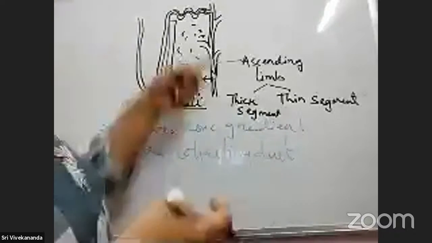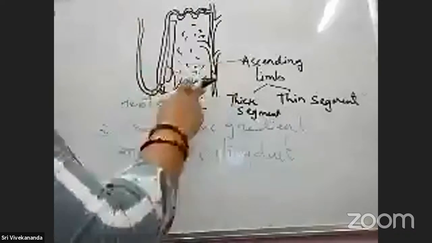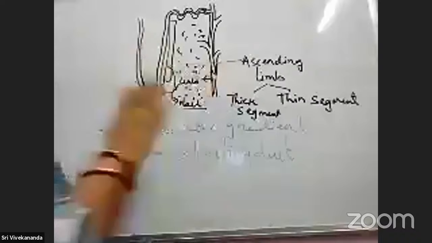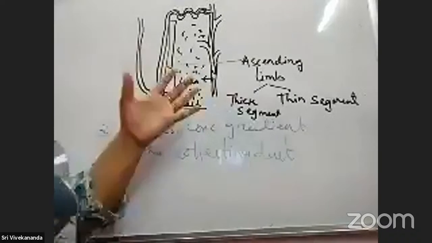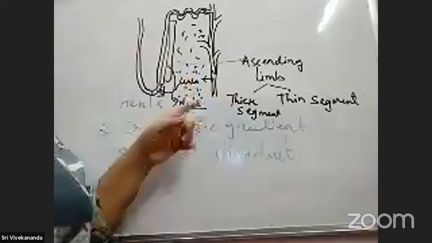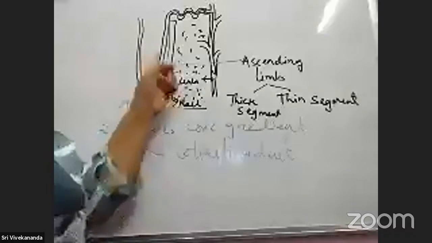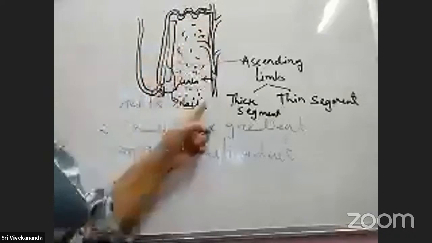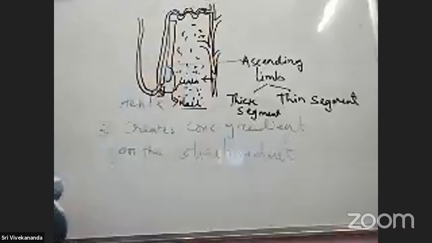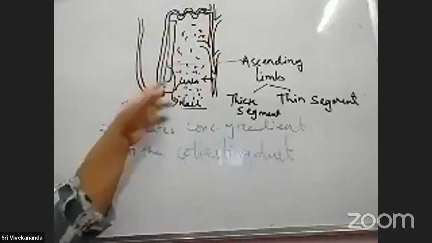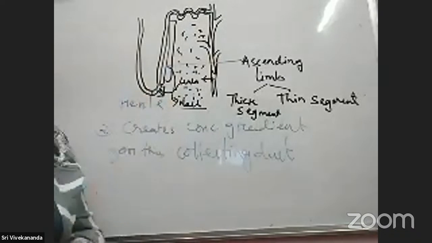So every time the filtrate comes, a small amount will be coming out. Clear? So this is called the urea cycle. This is a cyclic process by which the urea comes out of the collecting duct, enters into this segment, goes like a filtrate, and again comes back. So it keeps circulating in this whole area of the tubules, the collecting duct as well as the loop of Henle.